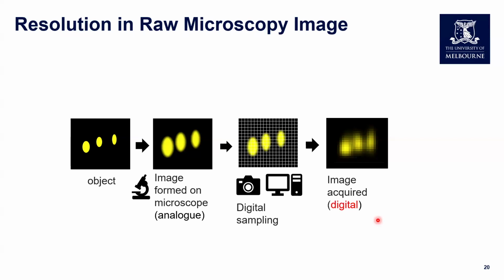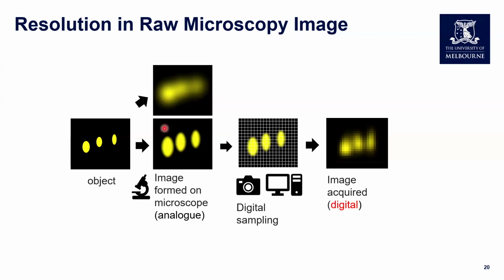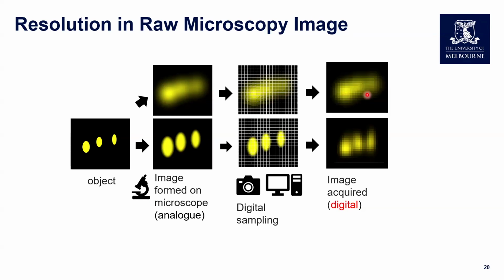The thing that should actually be set even before the sampling rates is choosing the correct objective lens to achieve correct resolutions, which means that if we use, say, a low resolution objective lens, the analog image won't have enough information to start with. And if this happens, using the correct sampling rates will not actually restore the information.